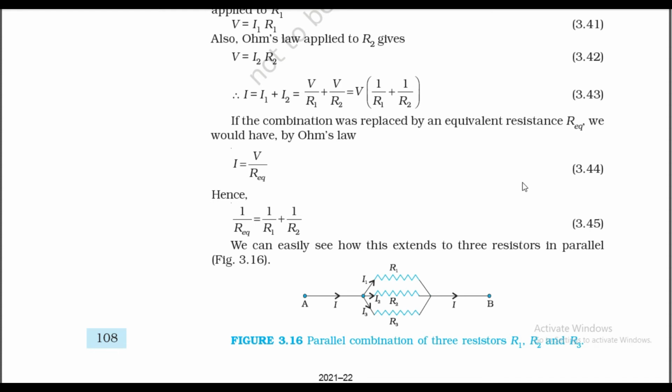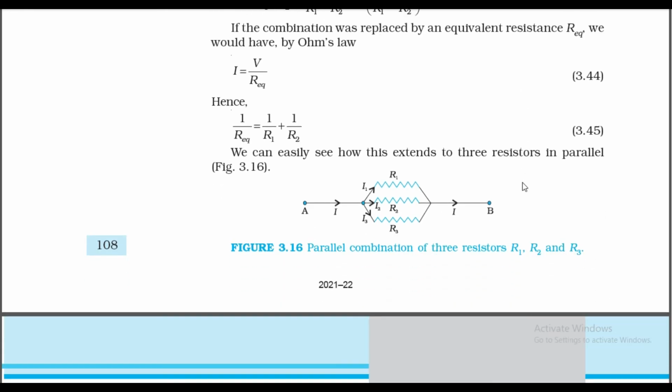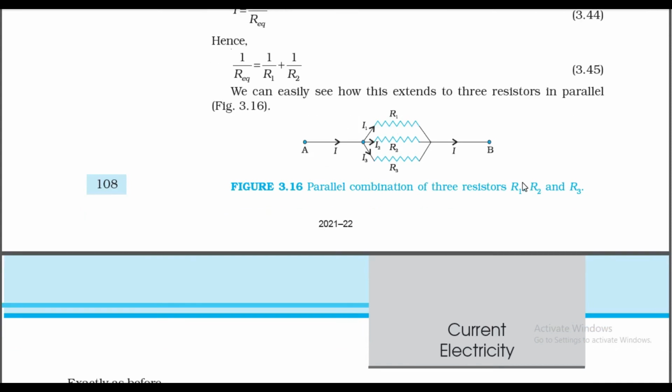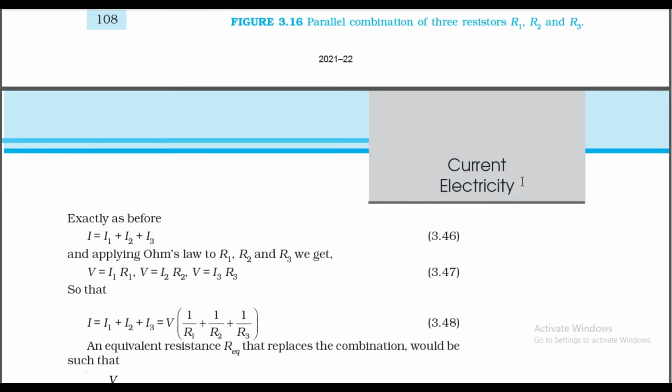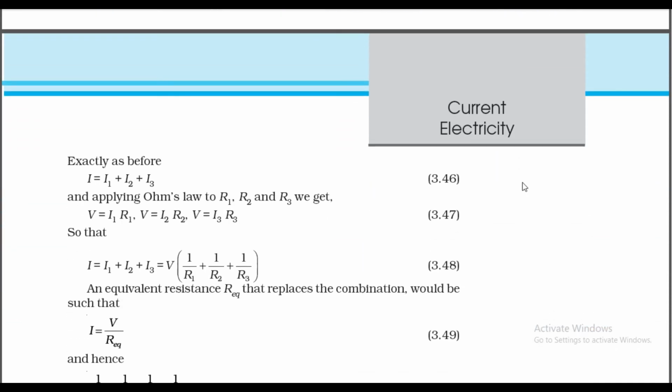We can easily see how this extends to three resistors in parallel. Figure 3.16: parallel combination of three resistors R1, R2 and R3. Exactly as before, I is equal to I1 plus I2 plus I3, and applying Ohm's law to R1, R2 and R3, we get V is equal to I1 R1, V is equal to I2 R2, V is equal to I3 R3.